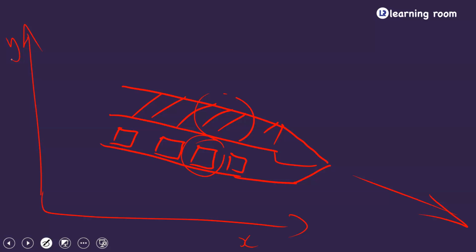I'm assuming it is going like this. If it is inclined, then along the y-axis also it will change. See, there is a change along the y-axis also, and there is a change along the x-axis also. So there is a two-dimensional change. That's all, from whichever view.